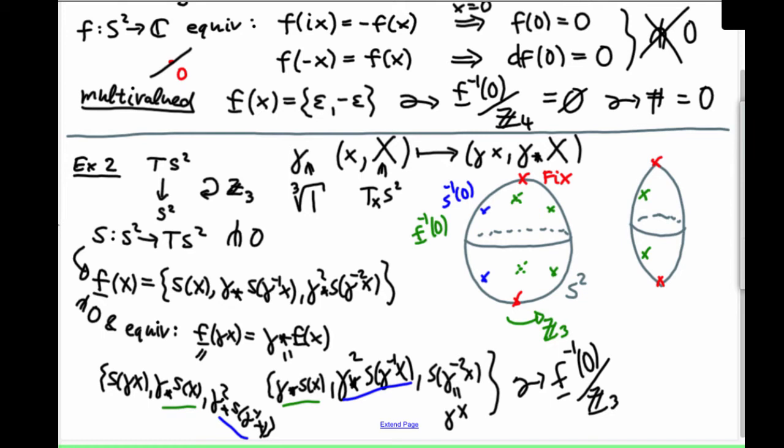So we ought to count them, and the rule here is that you count it with 1 over the number of zeros that get mapped there. So there are 3 here. There are 3 here.